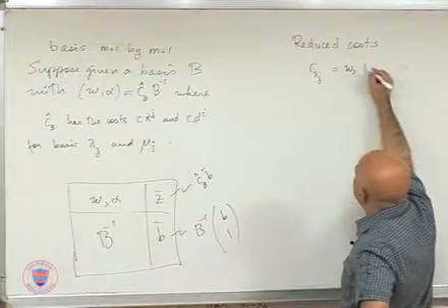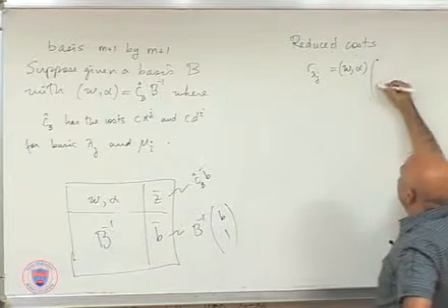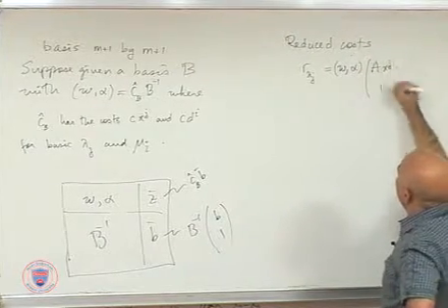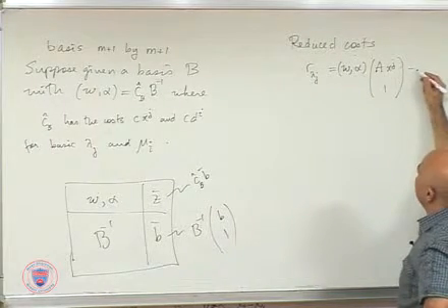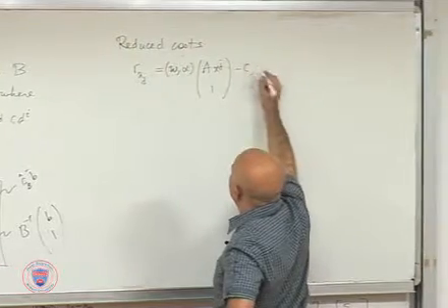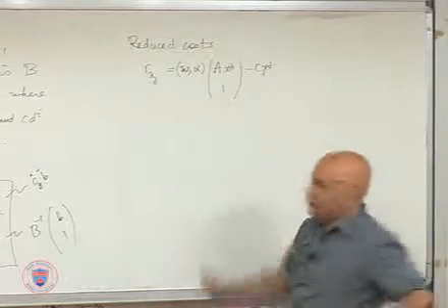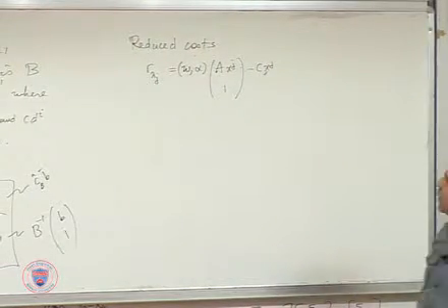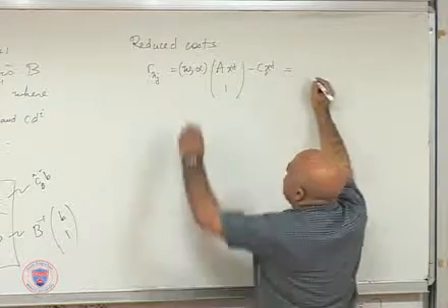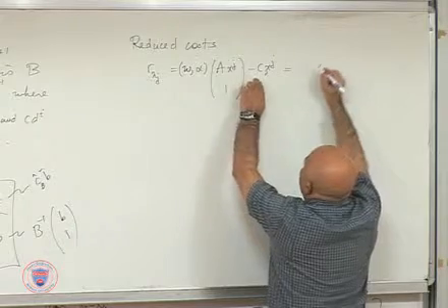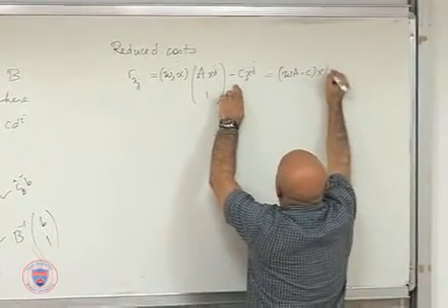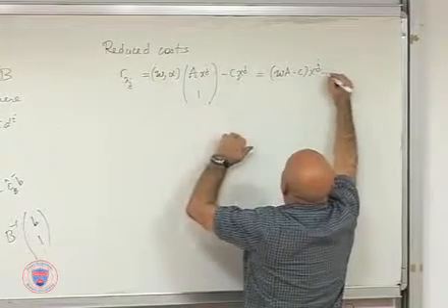It has w alpha times the column a xj, 1, minus cj cap, which is c times xj. Okay, that's your reduced cost for lambda j, which simplifies to w a minus c times xj plus alpha.